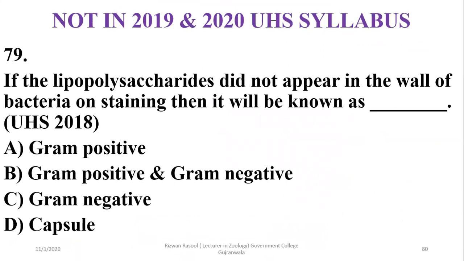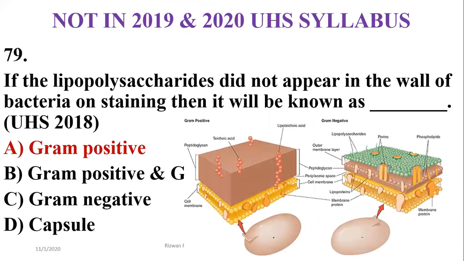And if the lipopolysaccharides did not appear in the wall of bacteria on staining, then it could be known as gram-positive bacteria. Bacteria has been re-included in the syllabus. So dear students, you must focus on this question: lipopolysaccharides are found in the cell wall of gram-negative bacteria, but gram-positive bacteria do not have lipopolysaccharides.